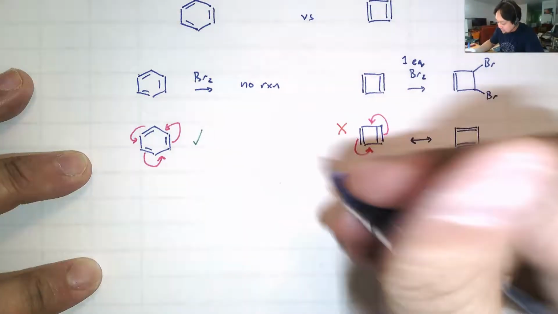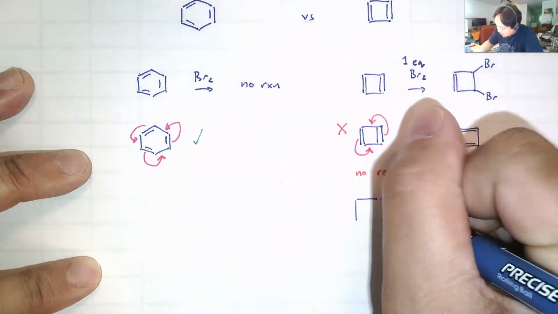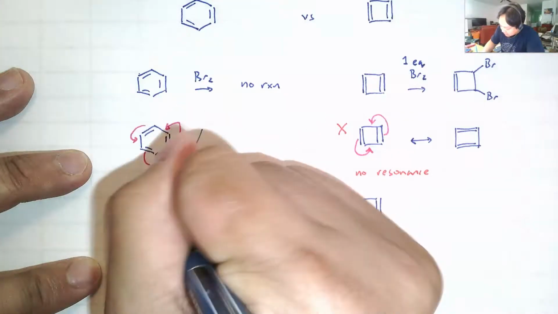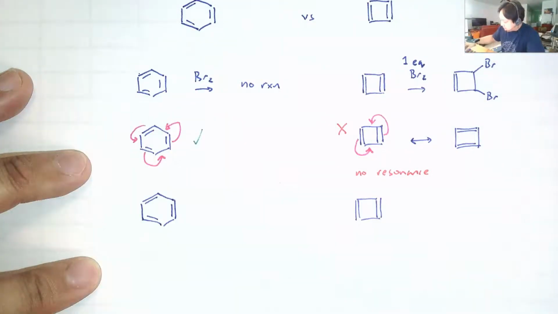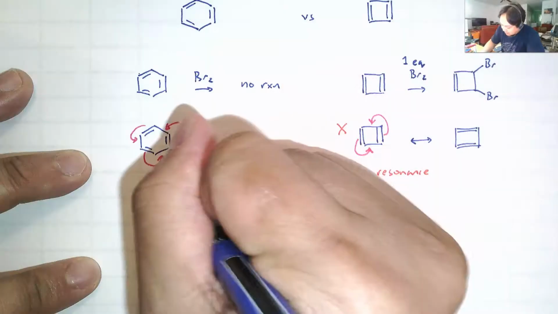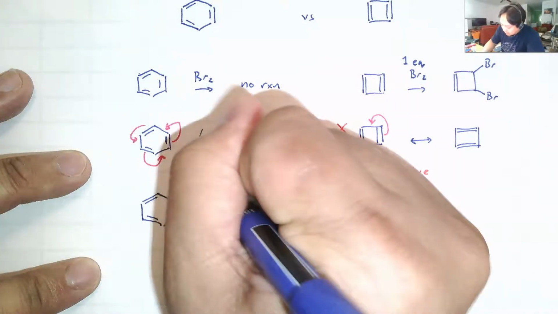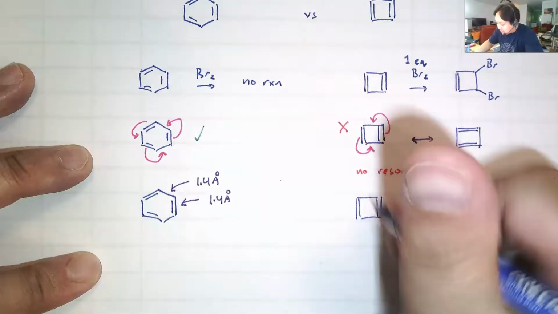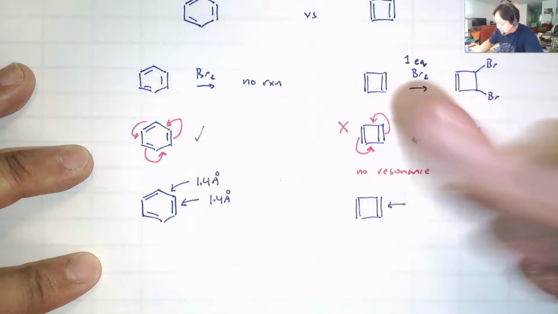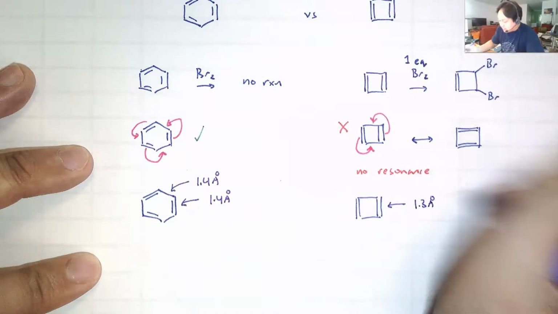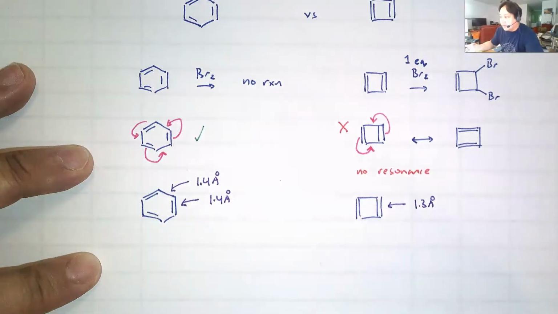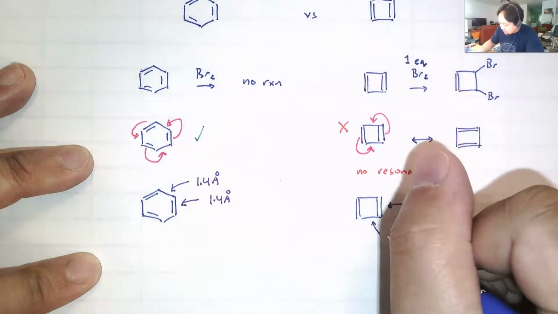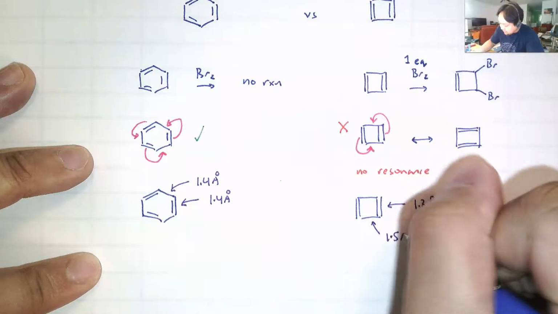Okay. And the last piece of evidence is yes, when you do measure the bonds of these two cyclic molecules, again, both of these bonds are 1.4 angstroms. Okay. But this one maintains its common carbon-carbon double bond length and its common carbon-carbon single bond length, 1.5 angstroms.